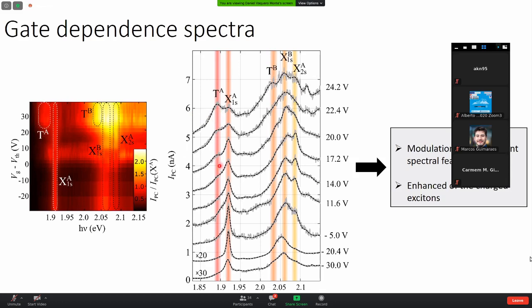So here we can observe that trion A is enhanced as a function of the increase of the gate. For trion B we observe the same behavior, and for the excited states we observe that they can also be changed using the back-gate voltage.